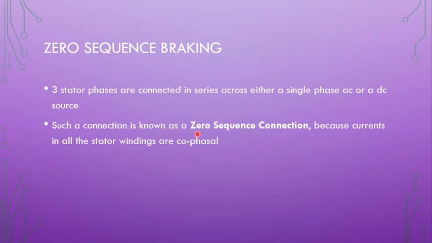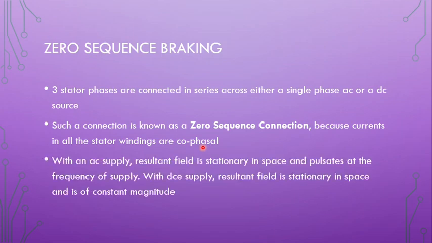Such a connection is called a zero sequence connection, because the currents flowing through all the stator windings are the same in magnitude and also the same in phase, and that is the definition of a zero sequence current. So this is called a zero sequence connection.